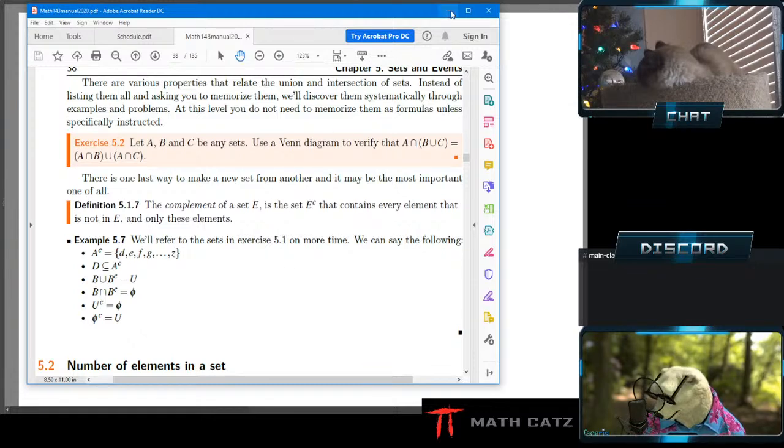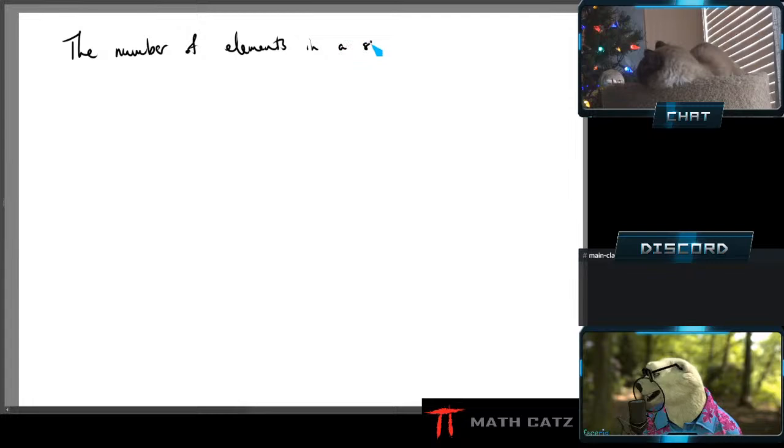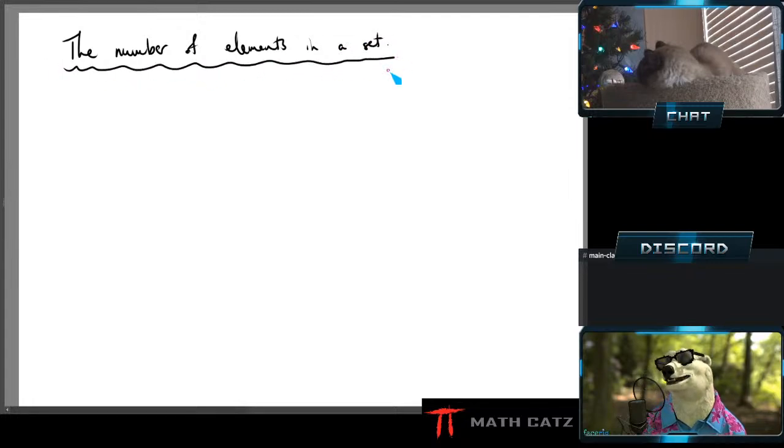Now, next is to explore the number of elements that a set could have. In our initial examples with the big A, B, C, and D, we could see the elements, the lowercase letters of the alphabet that each set contained.